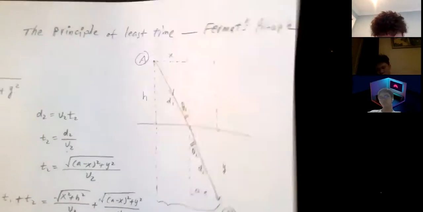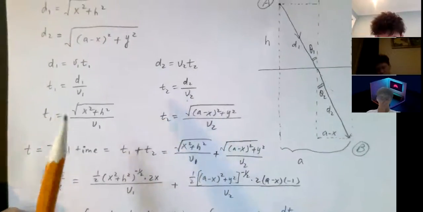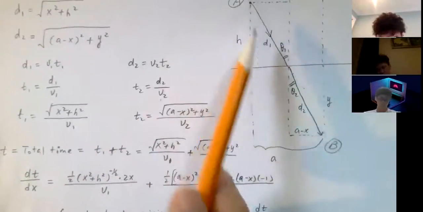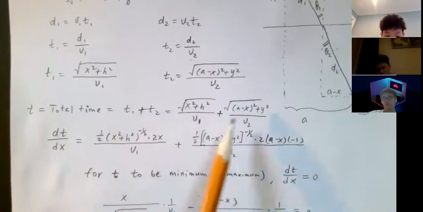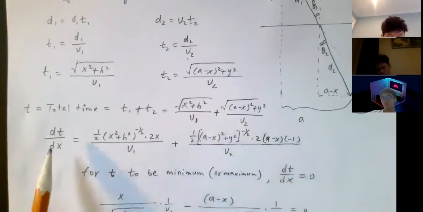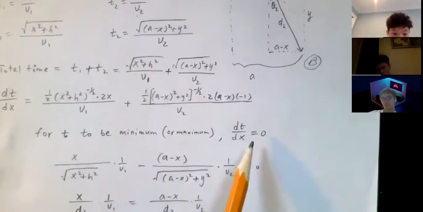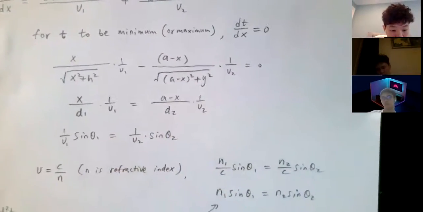So I will try to show you later on. Of course, this requires calculating the time in each of these transitions and adding up the total time. Because we need to minimize this travel time, we take a simple derivative and set the derivative equal to 0, finding the minimum of the travel time, eventually leading to that law.